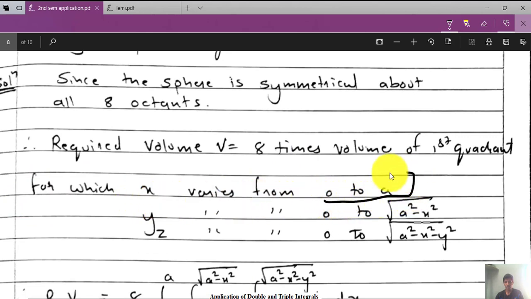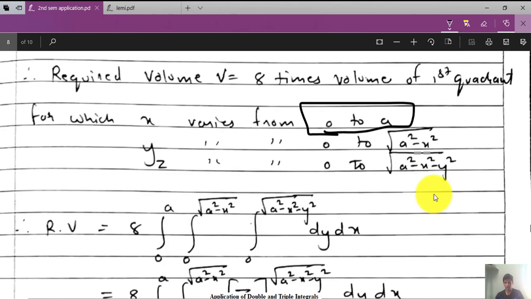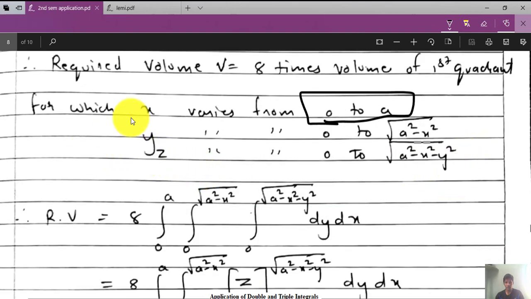This time I am not changing variables, because in the question it is given to find the volume, whereas in the previous example it was a change of variable from Cartesian to polar coordinates. So here x varies from 0 to a and y varies from 0 to the curve. If you observe, whenever it is a triple integral, the integral will have two variables, dependent upon two variables.